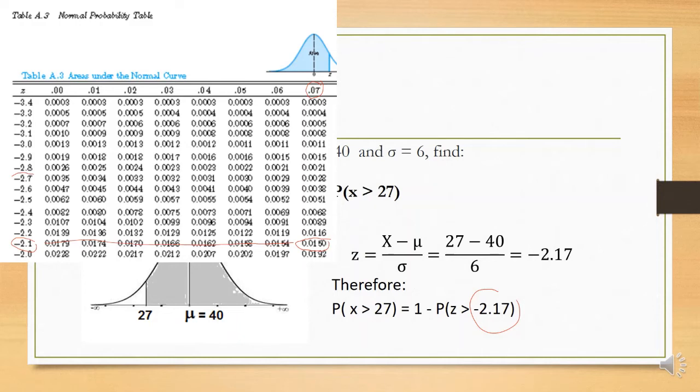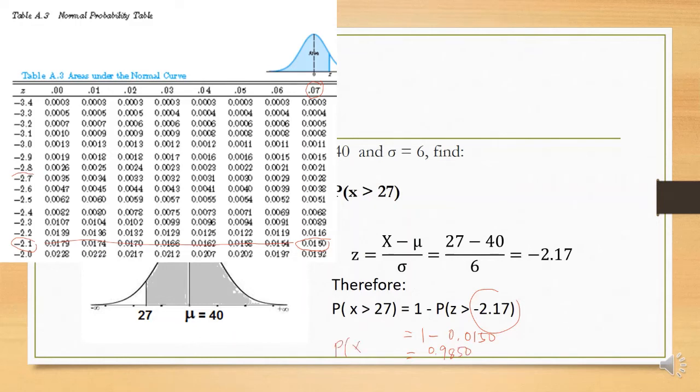So, we have 1 minus 0.0150. So, kung i-subtract natin yan, magiging 1 minus 0.015, magiging 0.9850 tayo. Okay?